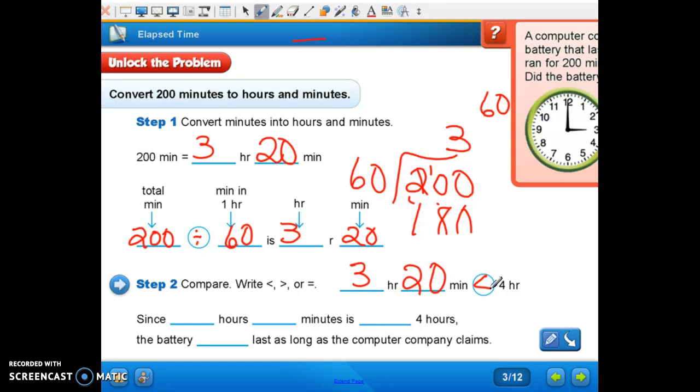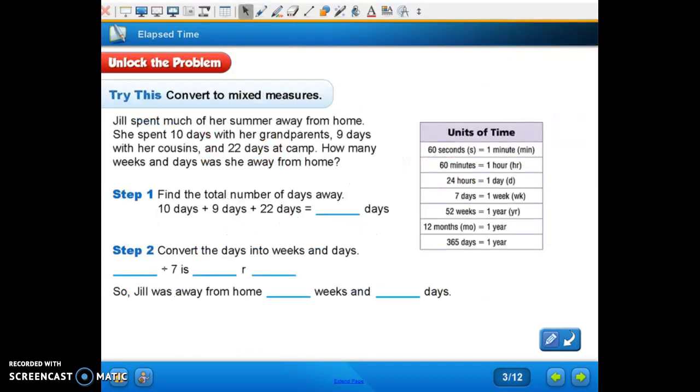Since 3 hours and 20 minutes is less than 4 hours, the battery did not last as long as the computer company claims.